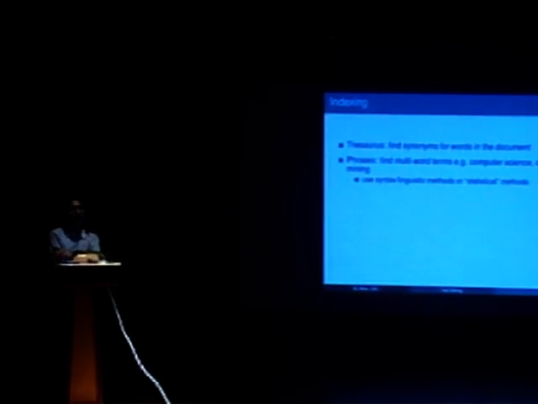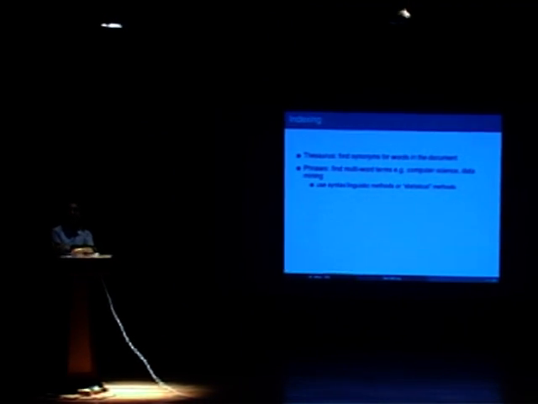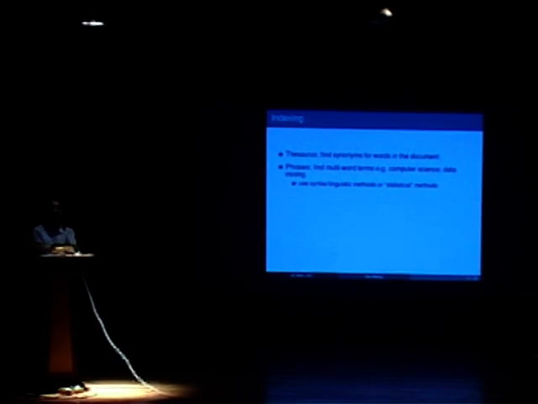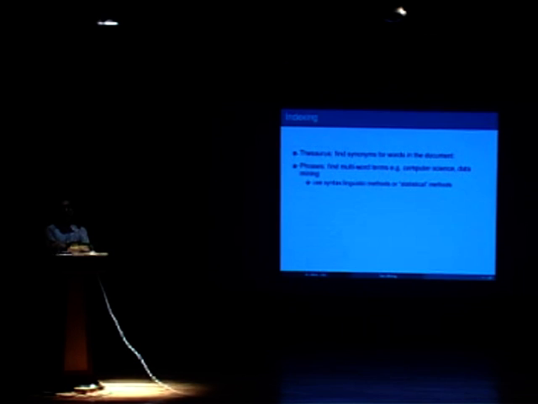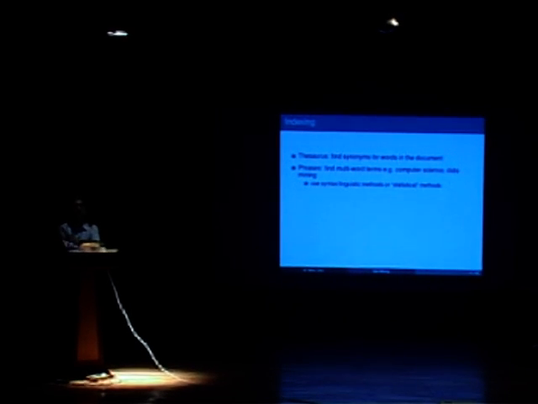in the sense that if you have a way to determine the parts of speech of a word, so you identify what's a noun, what's an adjective, what's a verb, and so forth, you might postulate a set of rules which says that two nouns side by side or three nouns side by side form a phrase. So things like computer science, data mining would fall into that category, computer architecture.